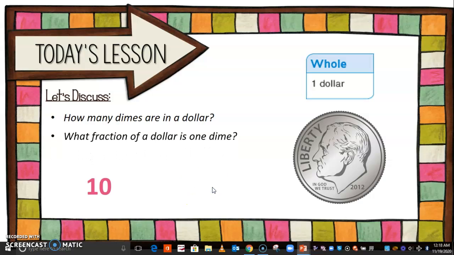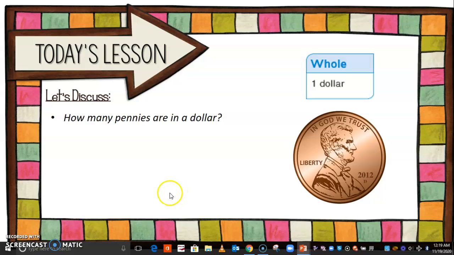So what fraction of a dollar is 1 dime? 1/10, right? Well, yesterday we talked about this as another way to write 1/10. Now some people will say, what happened to that 0 there? Well, 0 means nothing, right? So when we're just talking about the fraction of a number, we don't need to have that there. We just read this as 1/10.